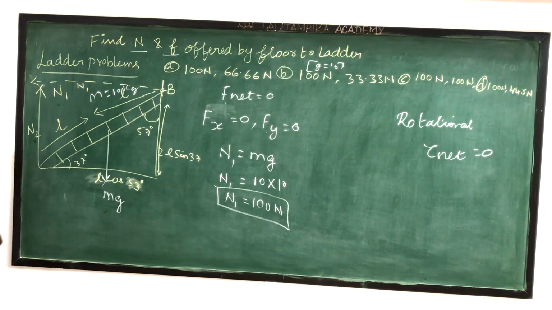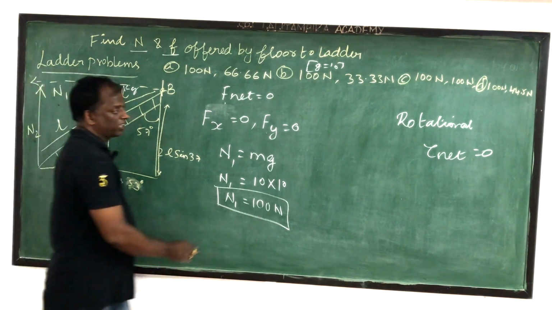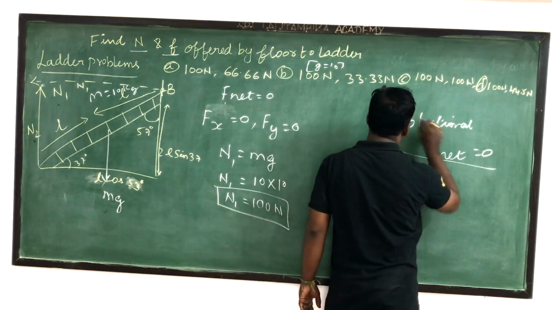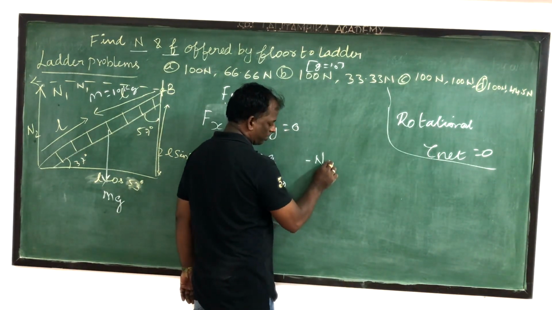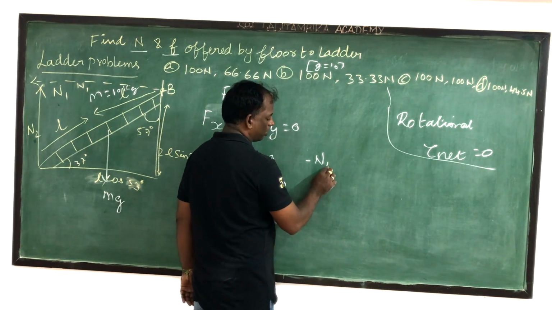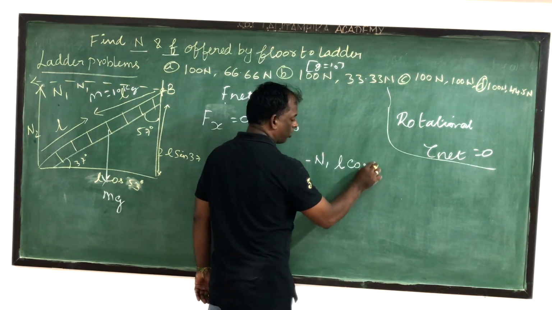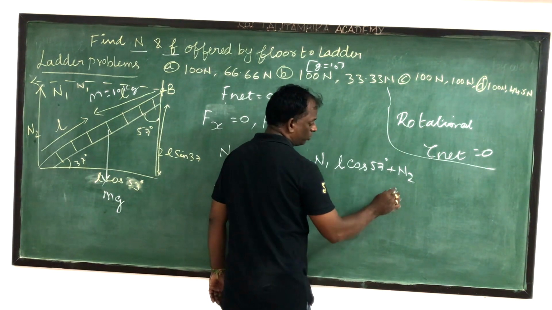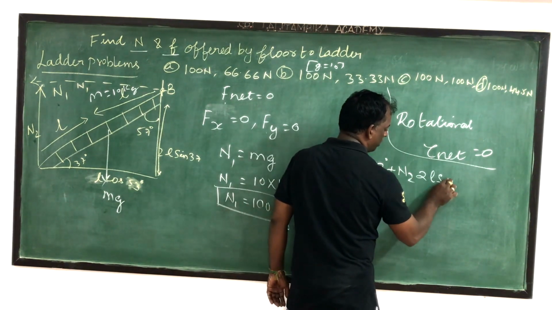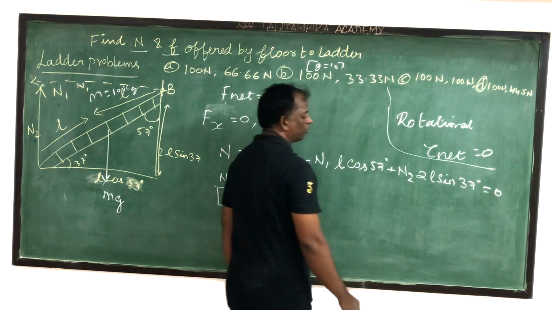We need to find out the N2. இப்ப நம்ம N2 கண்டுபிடிக்கணும். So what is the net torque acting? We can put it as, this is A, that is minus N1 L cos 57 degree plus N2 2L sin 37 degree, which is equal to 0.